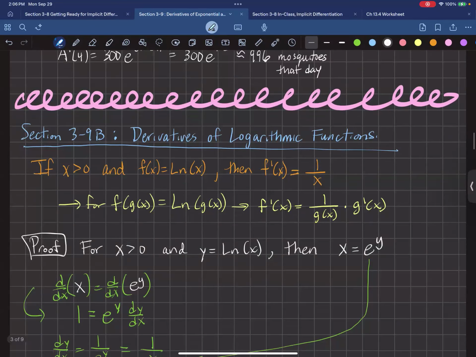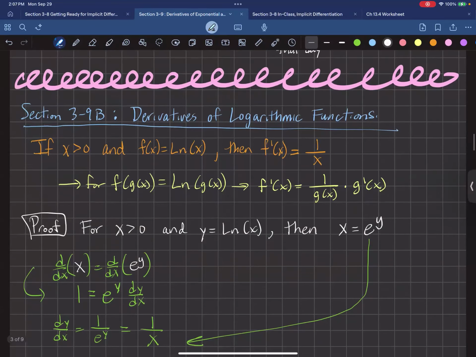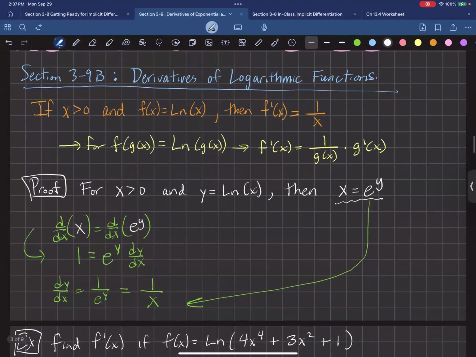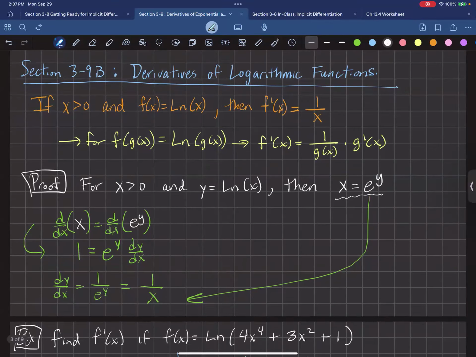We solve for dy dx, so we divide by e to the y, but e to the y was x. So when we plug it in, we've got dy dx equals 1 over x. Bam. That's how we show that the derivative of natural log of x is 1 over x. The chain rule just expands on it.